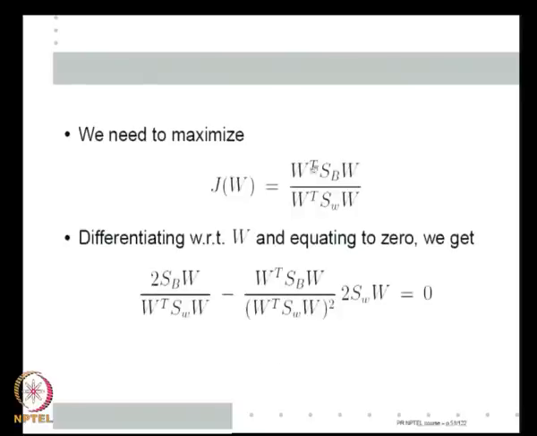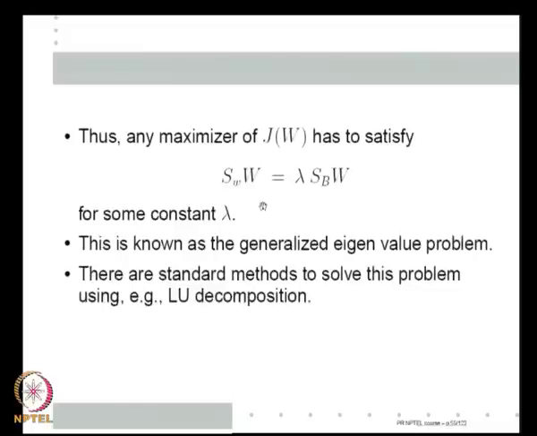If SW is rank deficient, what it would mean is there can be some W at which W transpose SW W goes to 0. Thus, there would be some W for which this will be infinite, but that is not the W we want. So, we have to define this a little more carefully. But it does not matter, there are techniques to take care of it.